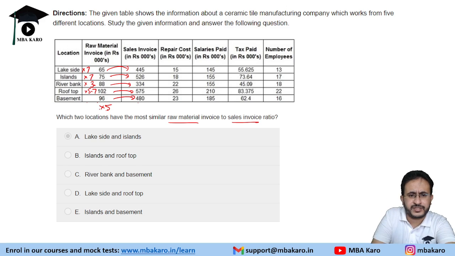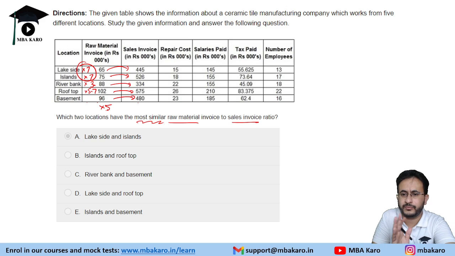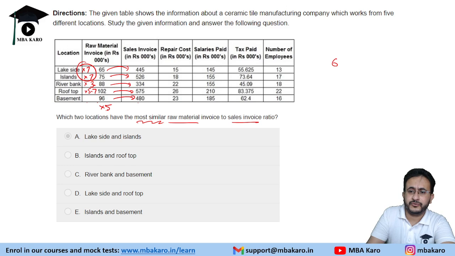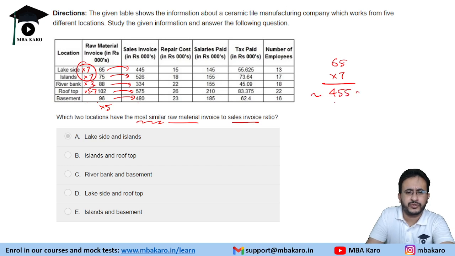If you see the closest ones, these two are the closest, roughly 7 times. The question says most similar, which means it is not exact. There is a difference between similar and exact. But 65 into 7, 420 plus 35, should be 455. It is almost equal to 455.